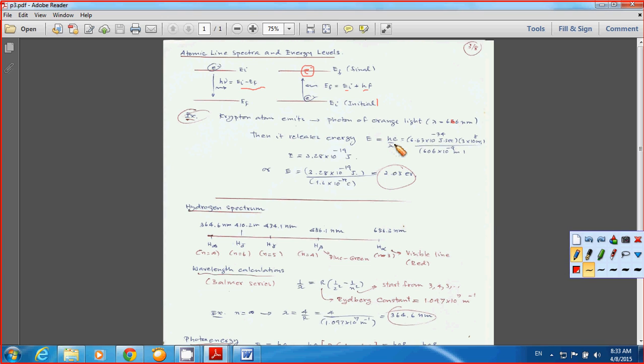You can calculate from E equals hc over lambda, and with lambda being 606 nanometers, you end up with the energy being 3.28 × 10^-19 joule, or you can calculate in the unit of electron volts. Simply divide by 1.6 × 10^-19 coulomb, the electron charge. This gives you 2.05 electron volts.